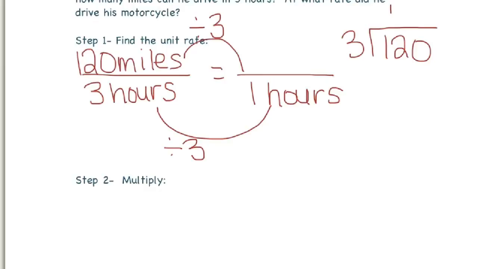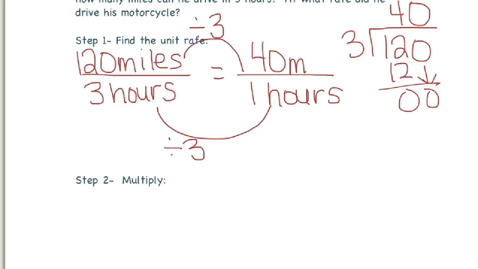Well, 3 goes into 12 4 times, and of course we need to include our 0. So here we would get 40 miles. Again, our units stay the same in equivalent fractions. So our unit rate means that Jeremy is able to drive 40 miles in 1 hour.